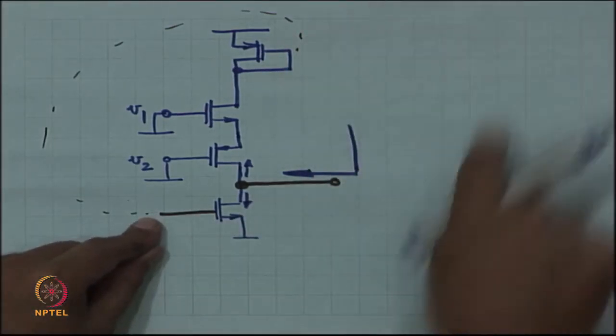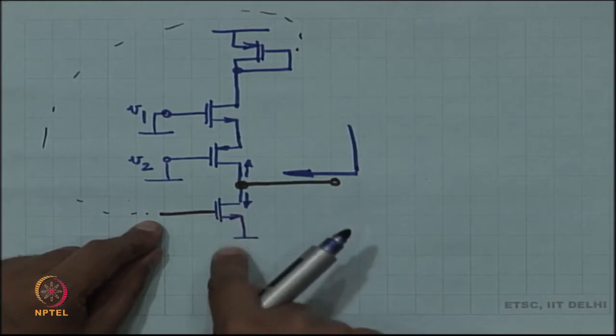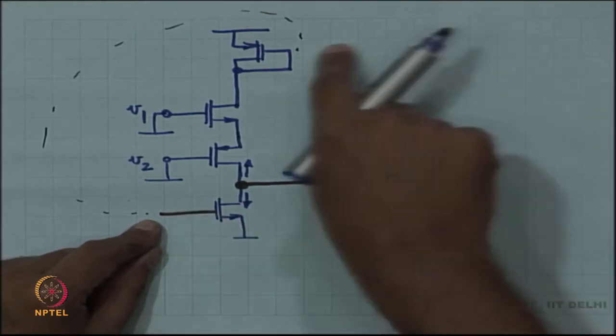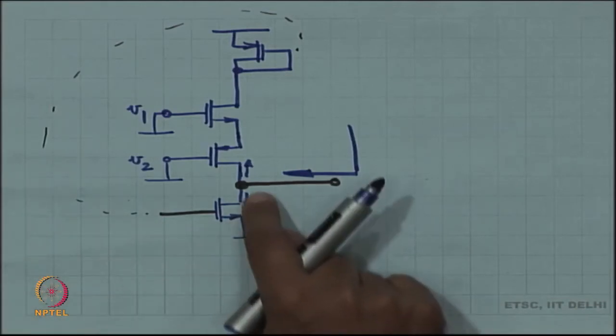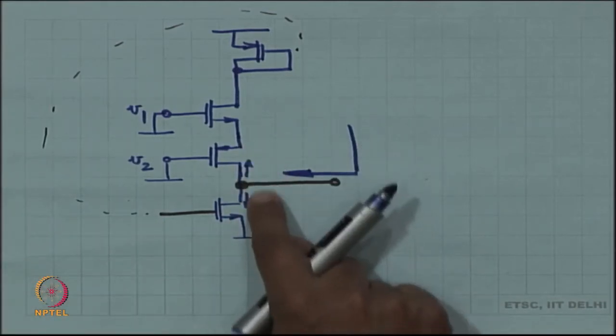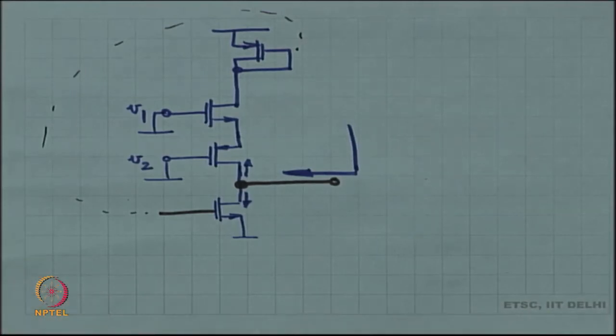Remember, we have just folded it up and this looks like an NMOS, but this is actually the other half of the current mirror. So, looking up whatever current goes, looking down exactly the same current will go. So, effectively approximately the same current will go.